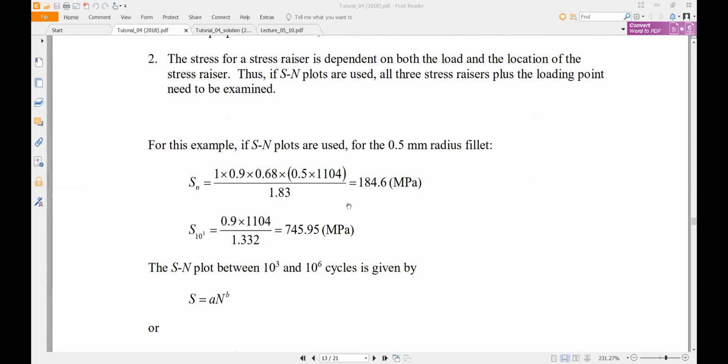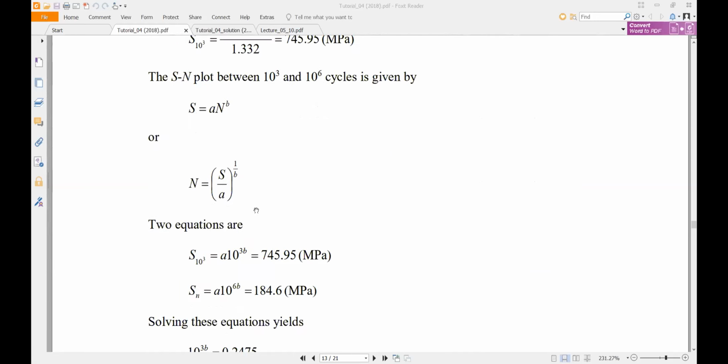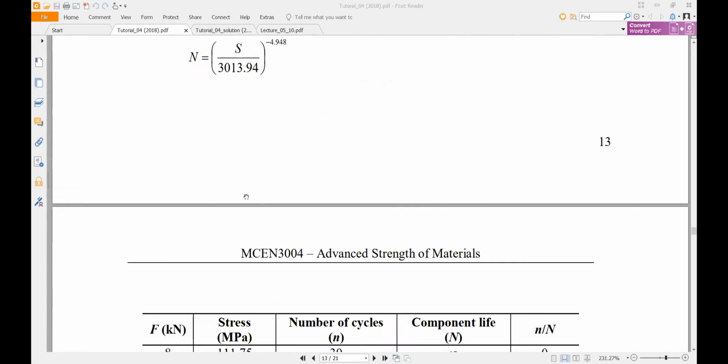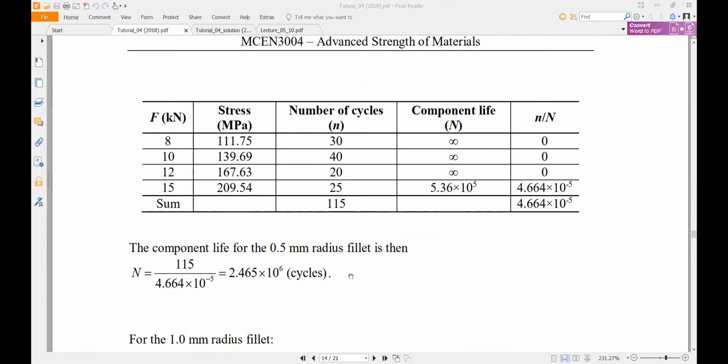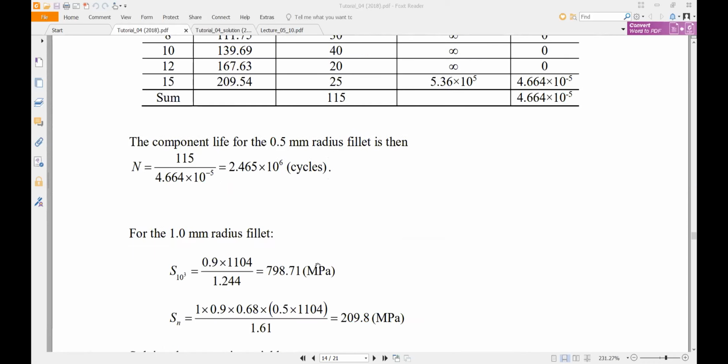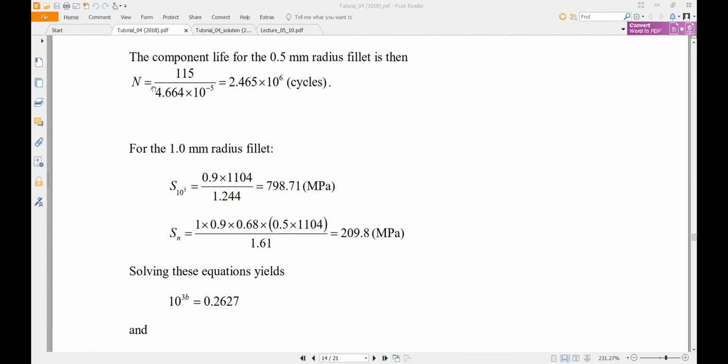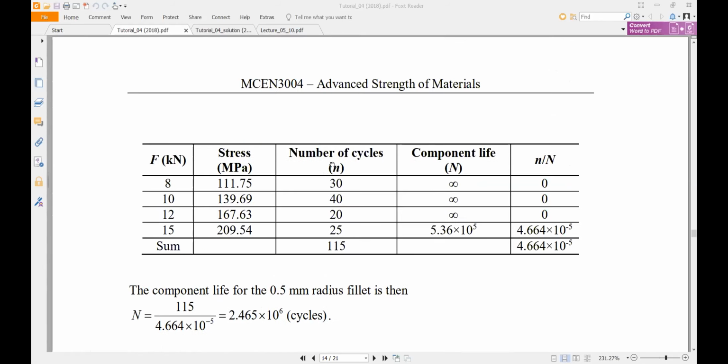So in here they use the SN curve as well. How to deal with that one? In the same manner, with the stress, you can calculate in a different way. You can see the stress in here. You need to calculate the number of cycles for each stress.